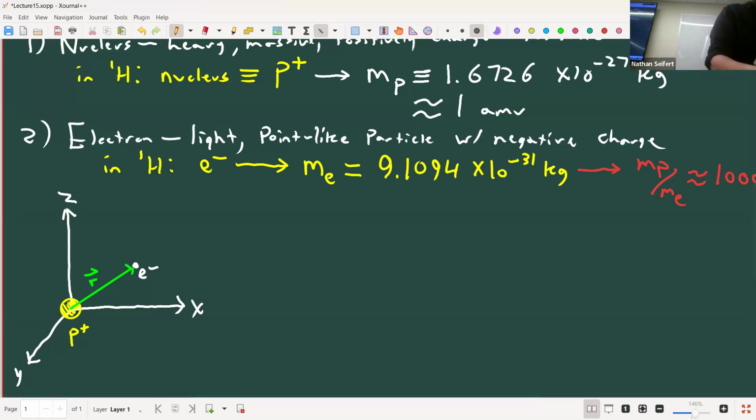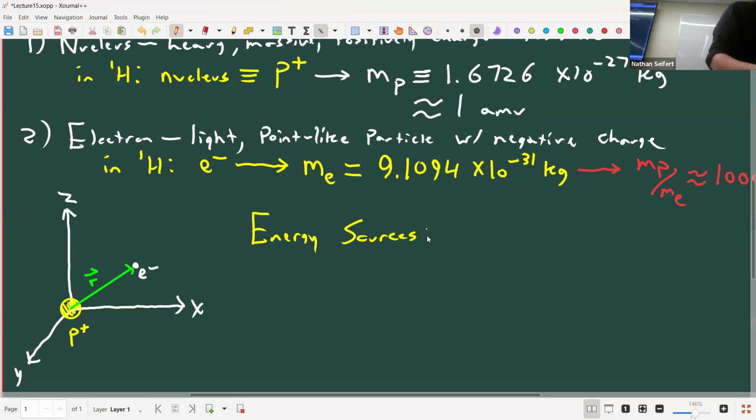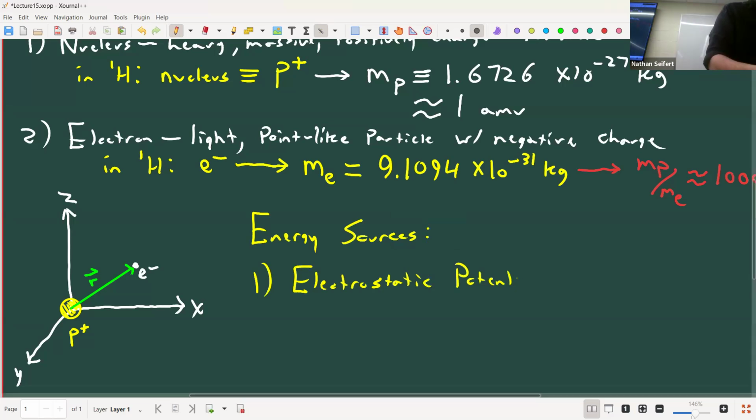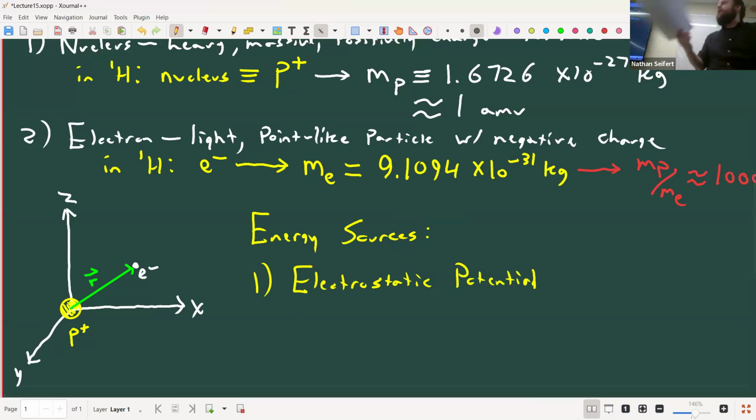So what are our potential energy sources? Well, one is the electrostatic potential energy. And that has a well-defined function for its potential energy.